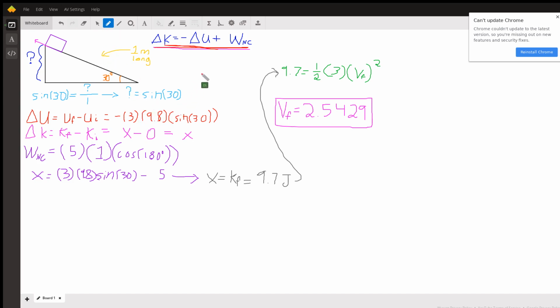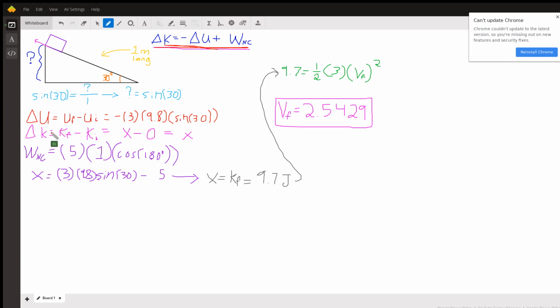This is just the equation mgh for the gravitational potential energy. So we take the mass, which is 3 kilograms, times 9.8, times sine 30, which is the height of the box initially. And that's going to be our delta U, because U final equals 0.